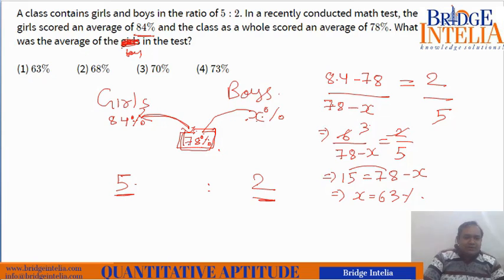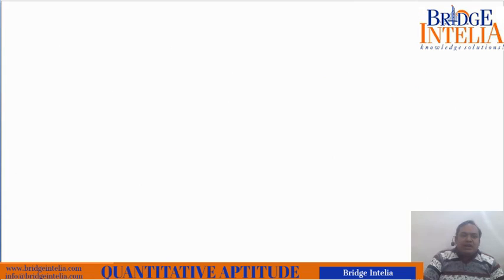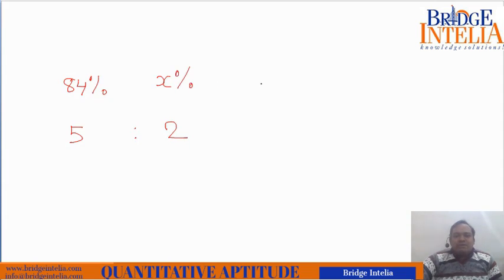This is one way to solve it. But the easiest way to solve it should have been by using weighted average. Because the ratio was already known. Ratio of boys and girls was already known, 5:2. Girls 84%, boys we didn't know how much percent, but we knew the result. The result was 78%.